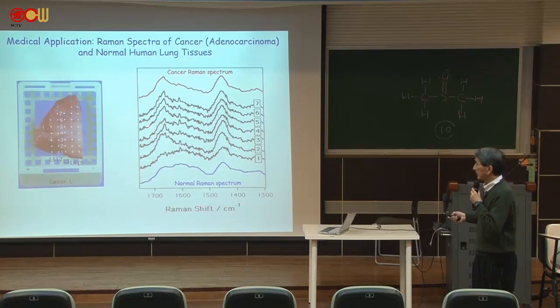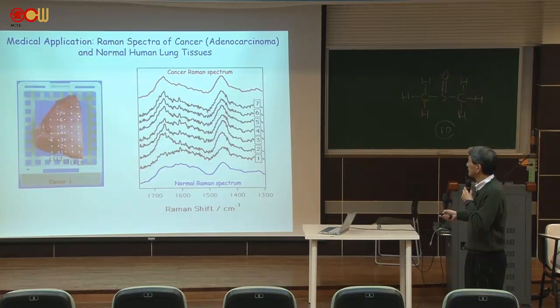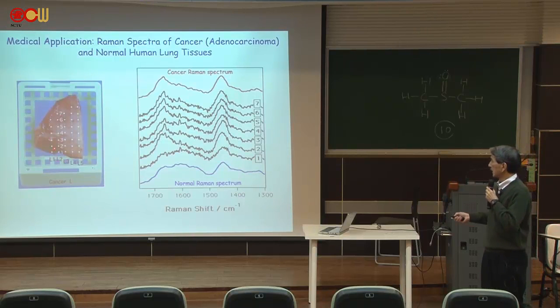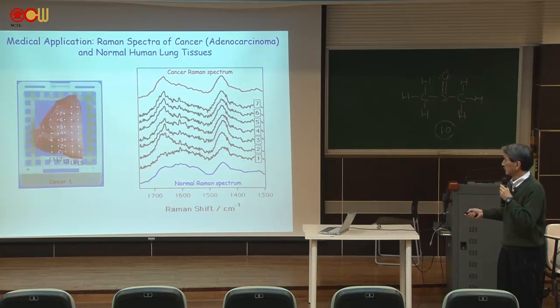And then if you go to point 3 the same, 4 the same, and 7 the same. So the Raman spectroscopy tells you that here at point 1 we have normal tissue, but here at 2 you have cancer.